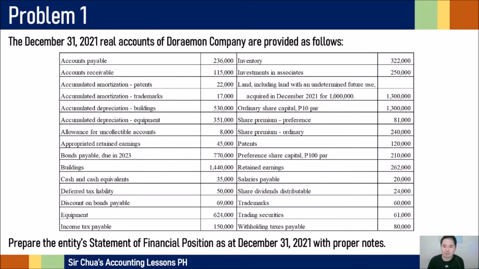Gawin nyo mismo yung FS. Kahit wag na muna siguro yung notes, or kung gusto nyo na rin i-try gawin yung notes to FS, wala namang problema. However, since preparation of a balance sheet is not new to you already, I strongly suggest you stop or pause the video for the meantime and then you try to answer it. And then when you're ready, saka nyo panoorin itong solution na meron tayo sa ating mga next slides.